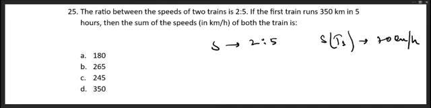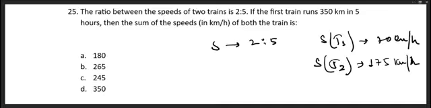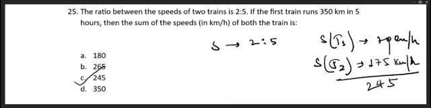Then the sum of the speeds of both trains will be 245 km per hour. Option C is the correct answer.